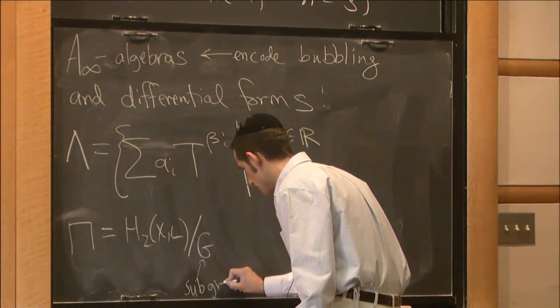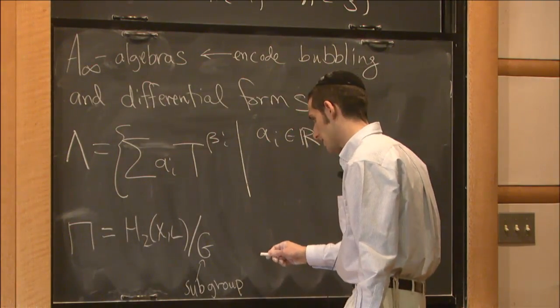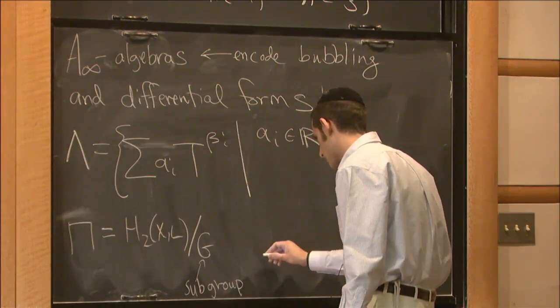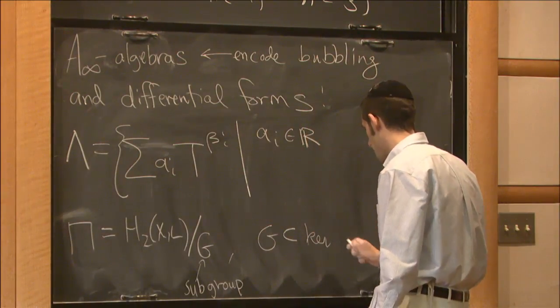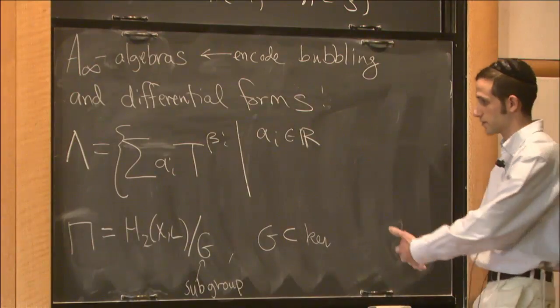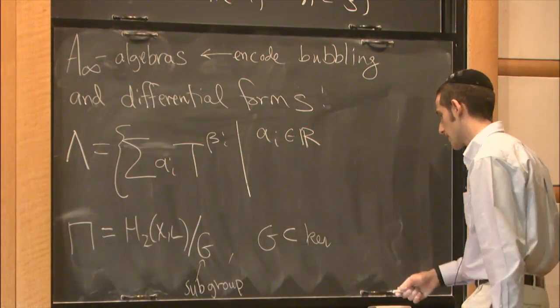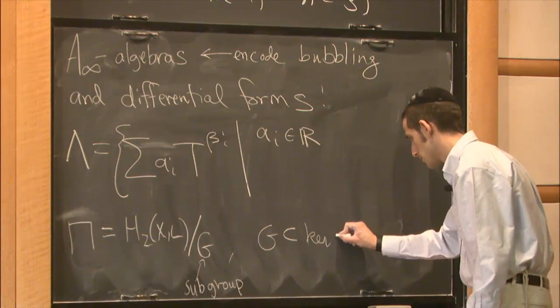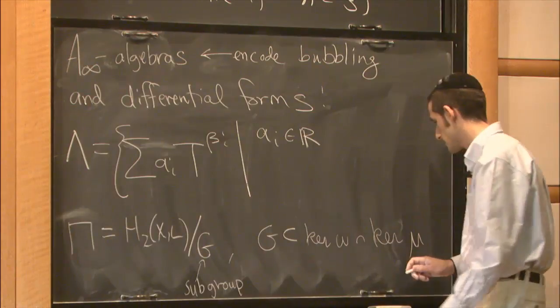This subgroup has to be contained in the kernel of the symplectic form. The symplectic form defines a homomorphism on H_2(X, L), so G has to be in the kernel of the symplectic form and in the kernel of the Maslov class.